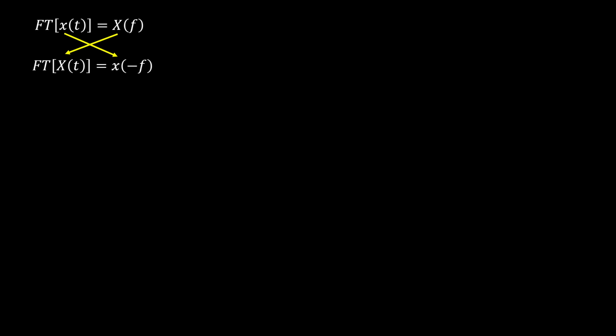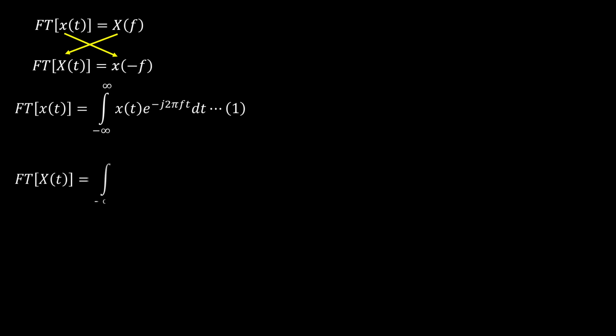We can see the proof of this duality property. The Fourier transform of x of t is the integration of x of t e raised to the power minus j 2 pi f t with respect to t, where t is changing from minus infinity to plus infinity.